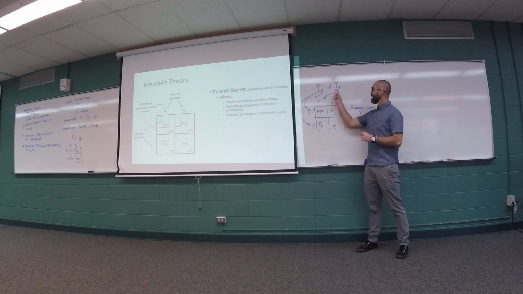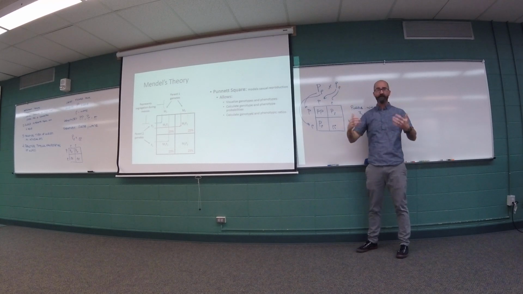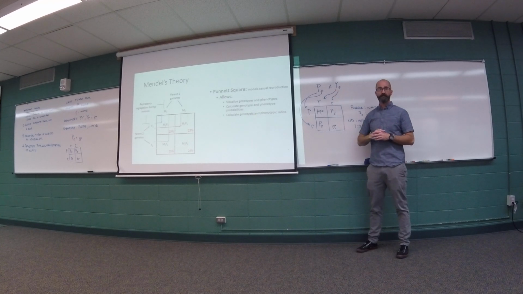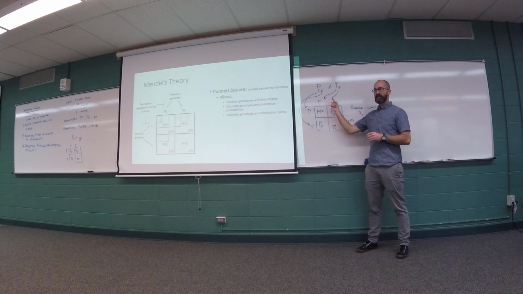If dad's heterozygous for eye color, what that means is he's hazel-eyed, right? So he has a brown allele, and he has a green allele. So what this Punnett square says is, one of dad's sperm cells will carry a brown allele, and one of dad's sperm cells will carry a green allele.